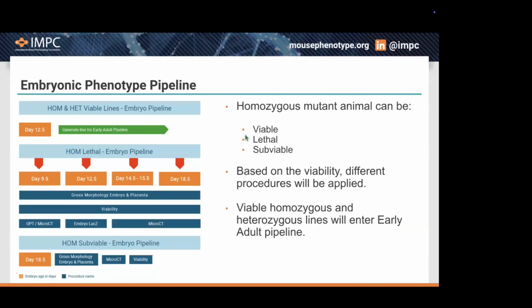Homozygous mutant animals can be viable, subviable, or lethal, and based on the viability, different procedures will be applied. For example, for homozygous lethal animals, embryo LacZ and micro-CT procedures will be applied. Viable homozygous and heterozygous lines then enter the early adult pipeline.